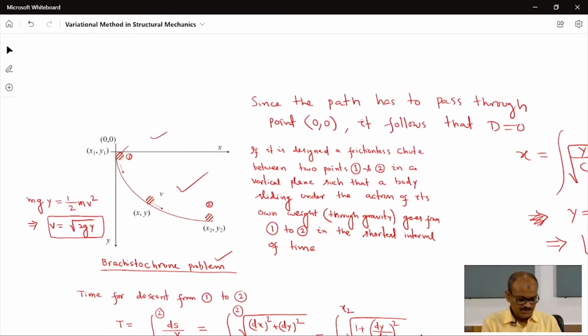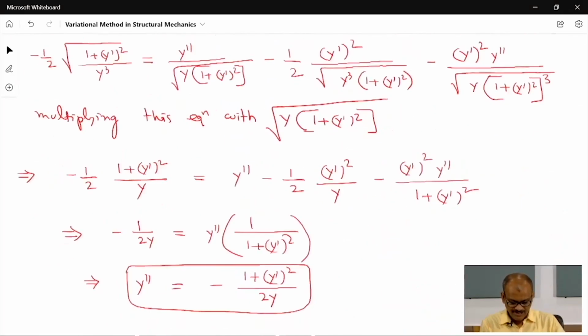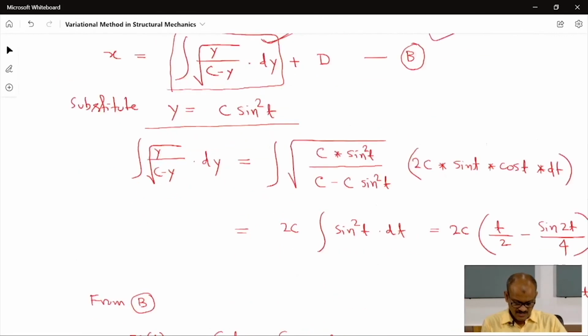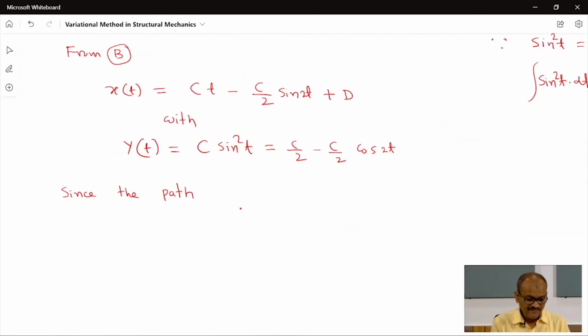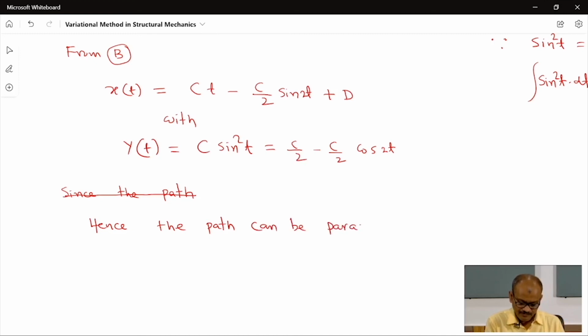So where were we? Since the path we have already written, hence the path can be parameterized as this equation.